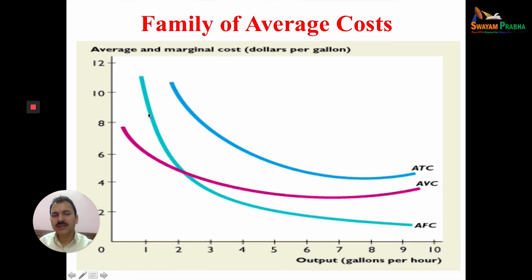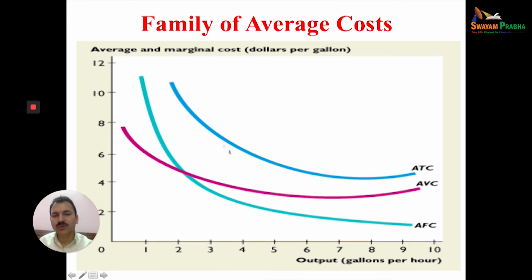Here average fixed cost is more than average variable cost, but beyond this point average variable cost is more than average fixed cost, and average fixed cost plus average variable cost is the average total cost.